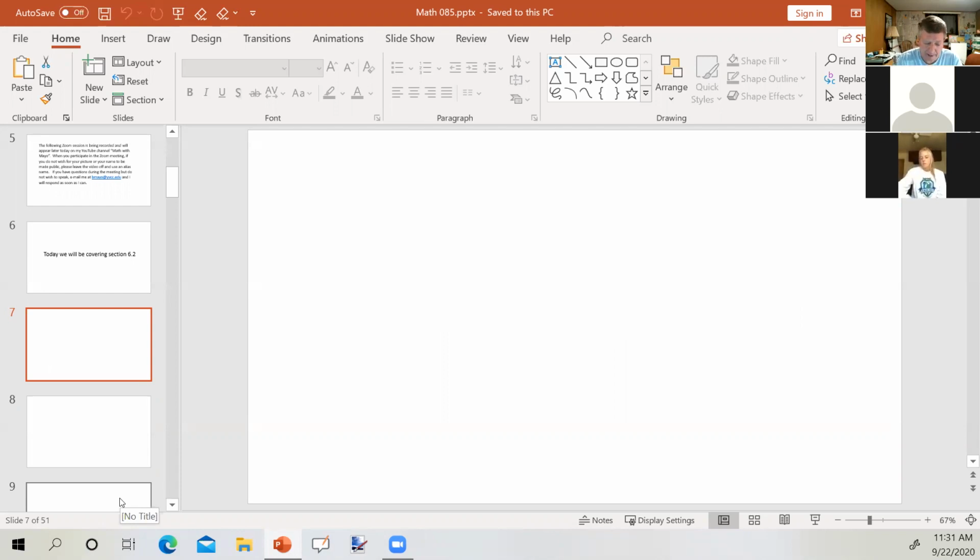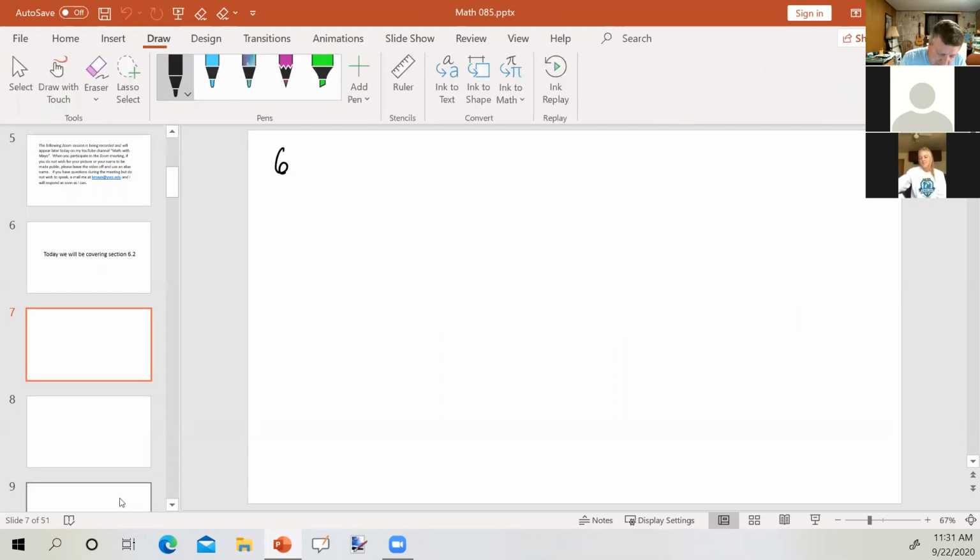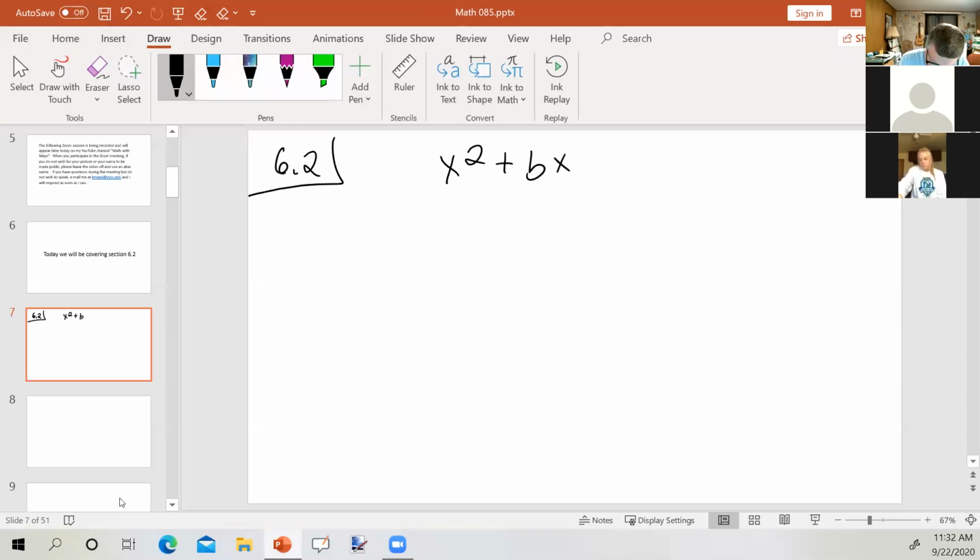Alrighty, I will take that as a no, and we will go on to section 6.2, which is factoring trinomials in the form x squared plus bx plus c. Now, what is a trinomial? It's an expression that has three terms, or an algebraic expression with three terms. So, for instance, x squared is a term, bx is a term, c is a term.